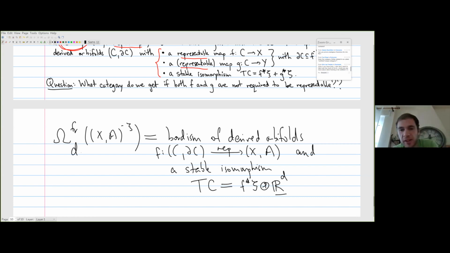I hope I've gotten the sign correct. This is minus C, and this is C here, I think.